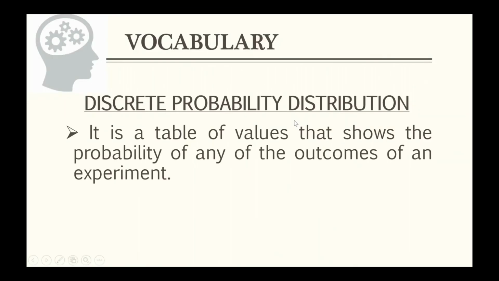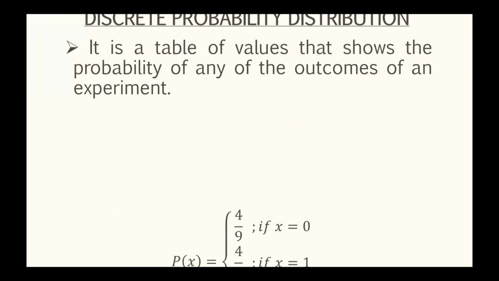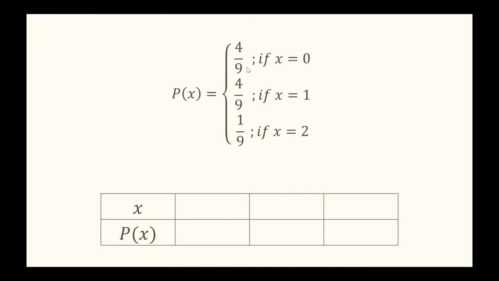Discrete probability distribution. It is a table of values that shows the probability of any of the outcomes of an experiment. From the probability distribution function, all you have to do is transfer all the numerical values in the probability distribution function to a table of values.